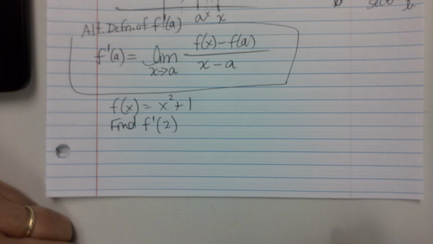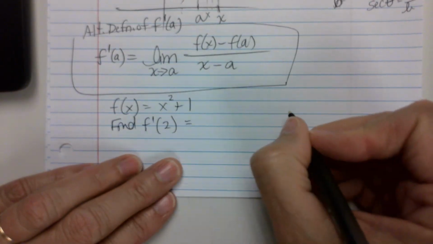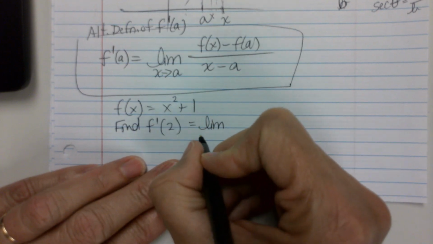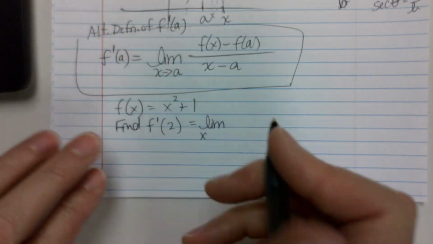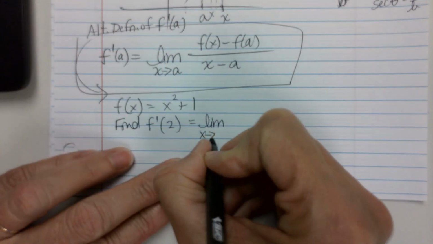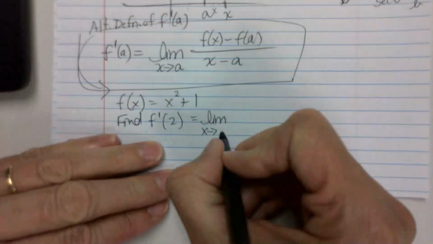What I would suggest for your first few derivatives that you do by hand like this with limits, this is what I did: if the directions say use the alternative definition, make your x approach what? 2.